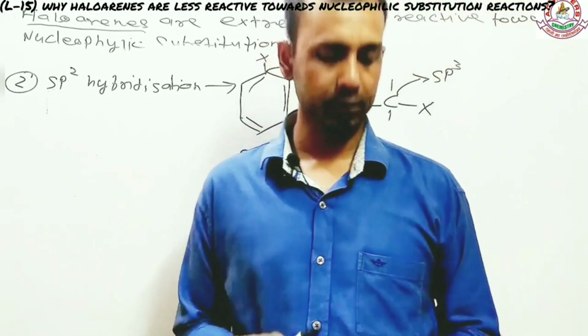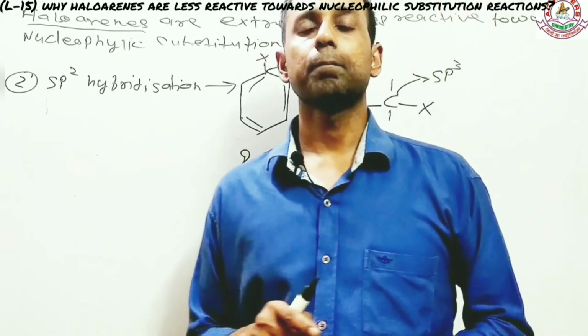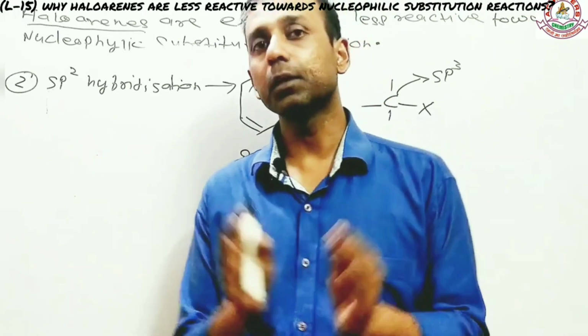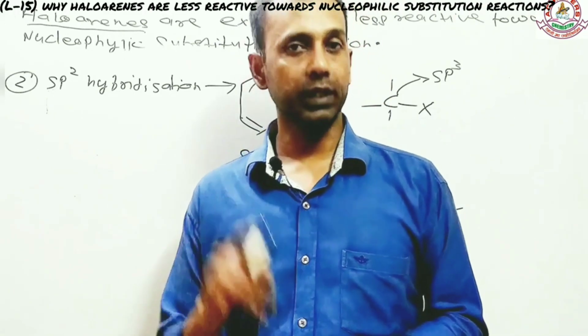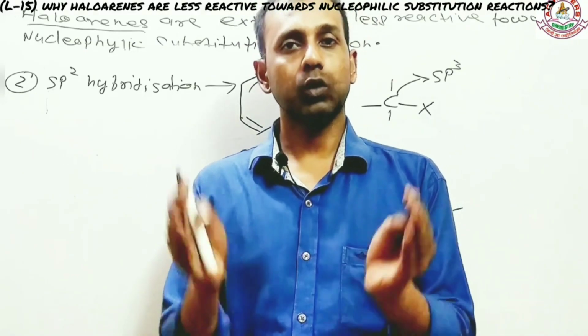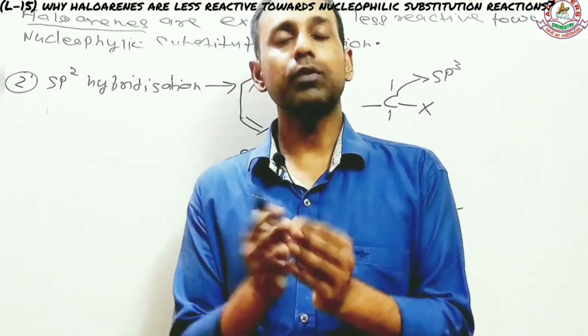Not everything you have to make a copy of. Greater the S character in a bond, higher is the electronegativity. Higher the electronegativity, shorter will be the bond. Shorter the bond, higher will be the bond enthalpy.